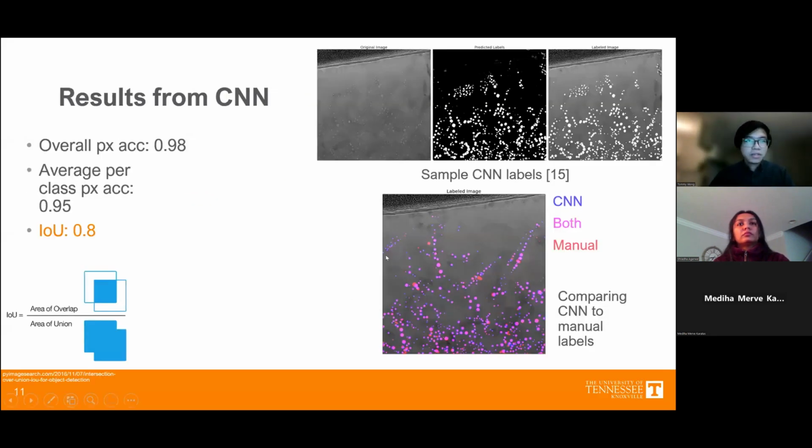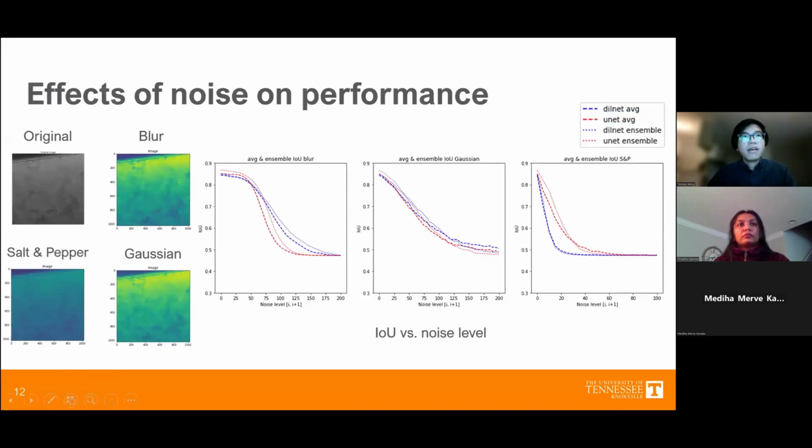So here's a result similar to what was shown before. And it gives an IOU of between 0.8 and 0.9 depending on the image. And this is just showing how dilated convolutional layers could actually preserve big picture information better.